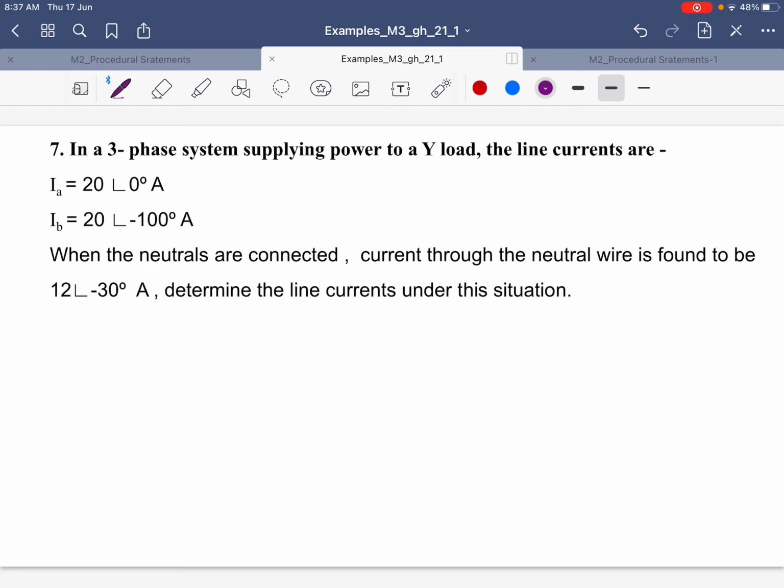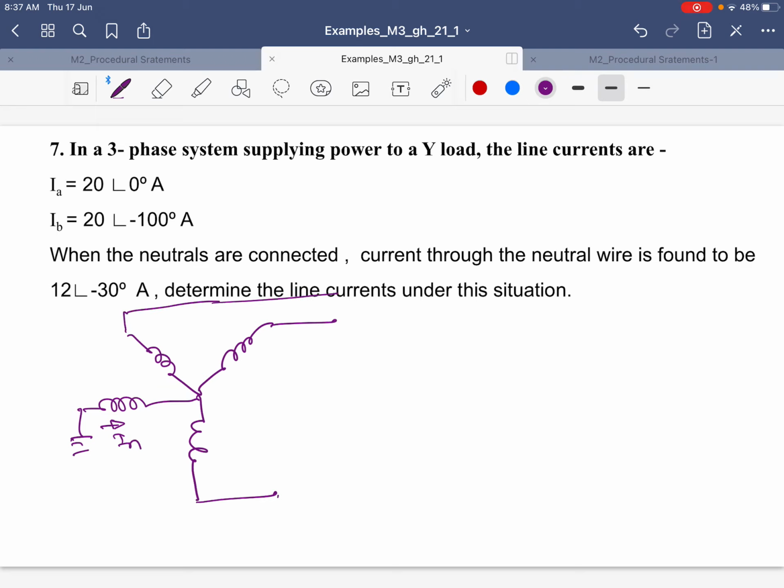We know the expression for the neutral current, if you are taking star grounded, if it is your IN, then these are the currents.